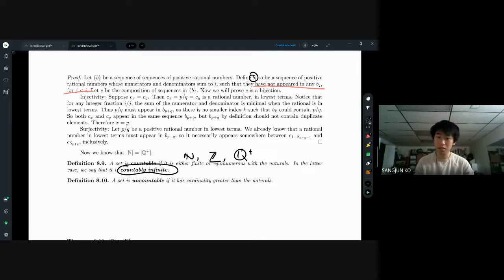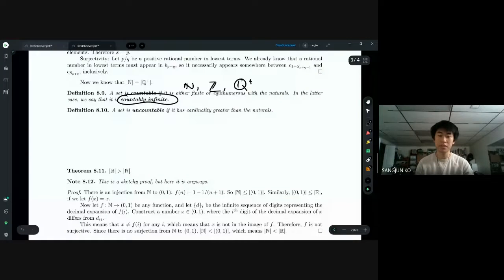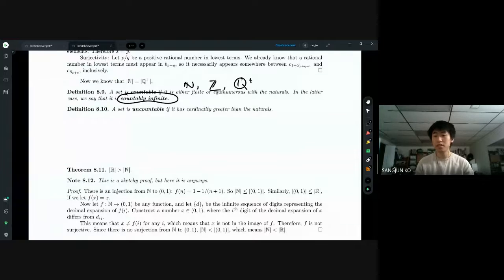We said the integers are countably infinite, and the rationals are countably infinite. So the obvious question now is, is there a set that is uncountable? And it turns out the answer is yes. Our theorem says that R is uncountable.